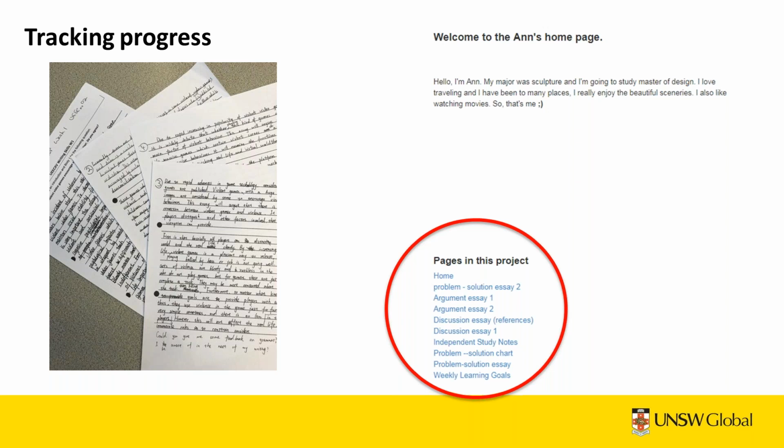So the students can be encouraged to perhaps look back at the argument essay that they wrote in week 2 and compare it to the argument essay in week 8. So they would need to look at the feedback that they received for those particular essays and perhaps reflect on their growth. So that is something that can be quite beneficial.